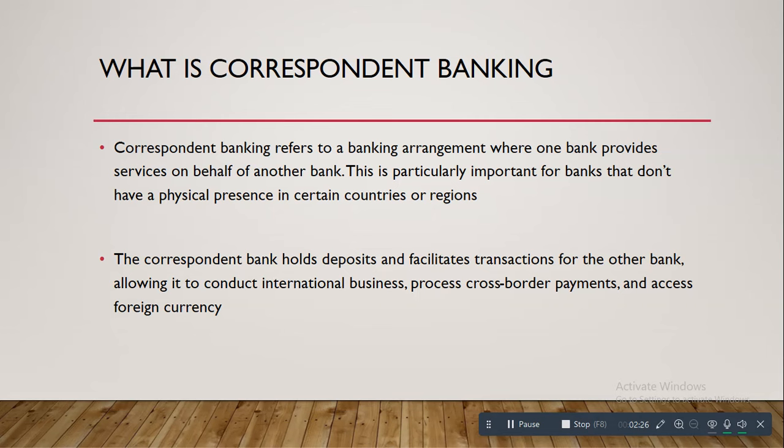So, for example, say I have an account in Bank A, which is present at my location, and I have moved to a location B, but I am not confident about any other banks.